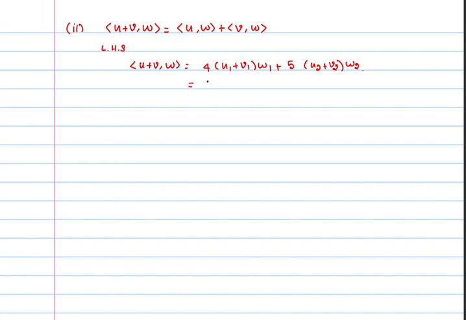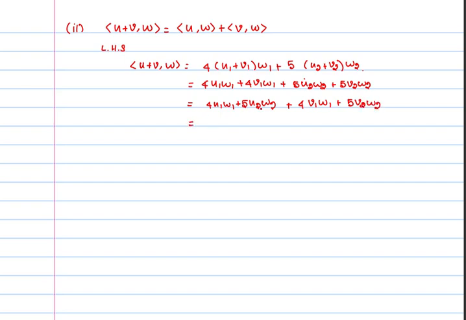This is nothing but 4 times U1 W1 plus 4 times V1 W1 plus 5 times U2 W2 plus 5 times V2 W2. Now I segregate the U terms and V terms separately: 4 times U1 W1 plus 5 times U2 W2, plus 4 times V1 W1 plus 5 times V2 W2.